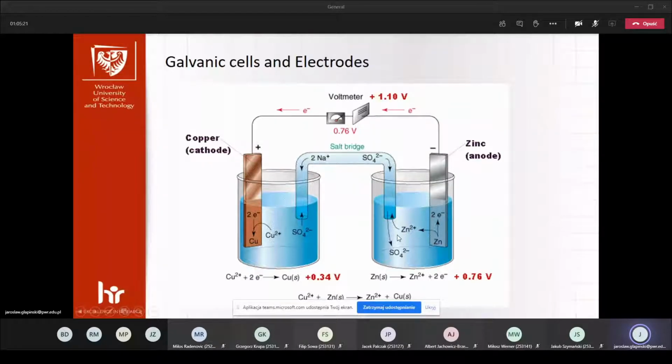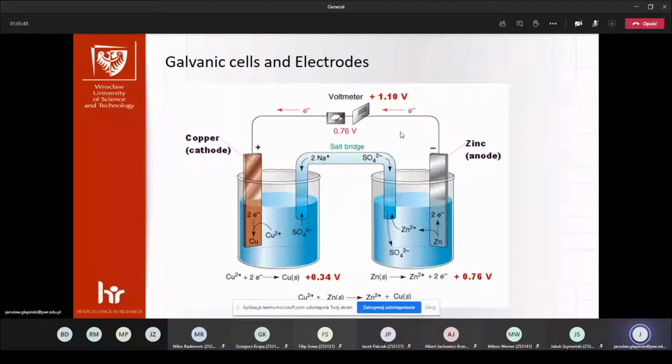So at some point, at the end, we will have no zinc anode, and we will have no CuSO4 elements in this solution, so the process will stop. So this is a good solution to produce a battery.